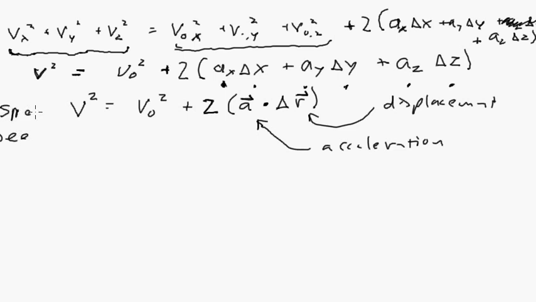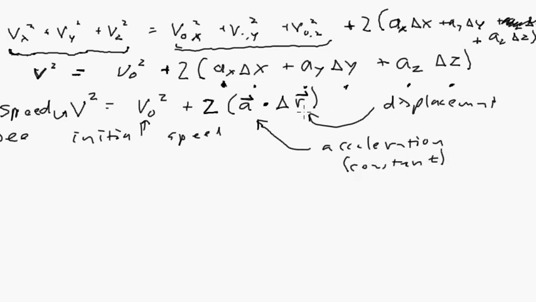Speed is there. And initial speed is right here. So we've got this equation relating current speed to initial speed, and then to constant acceleration, and to displacement.